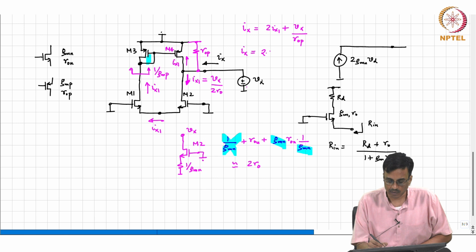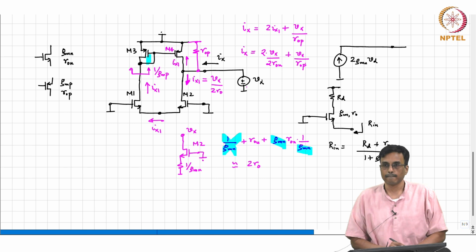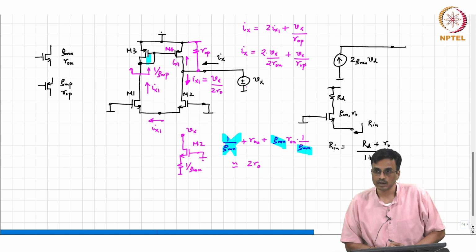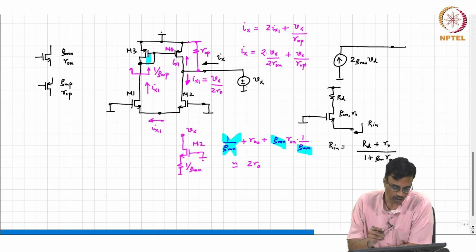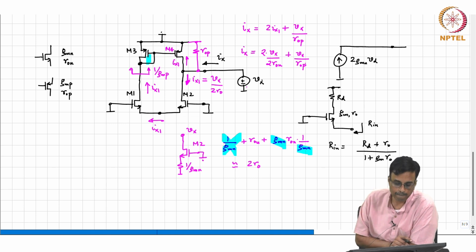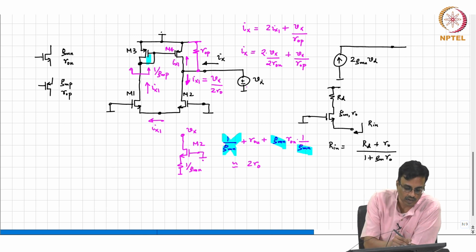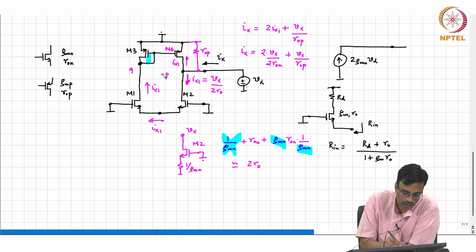2 times Vx by 2 Ron, plus Vx by Ro. Where did you lose me? Oh, see, this is going through the mirror, na?